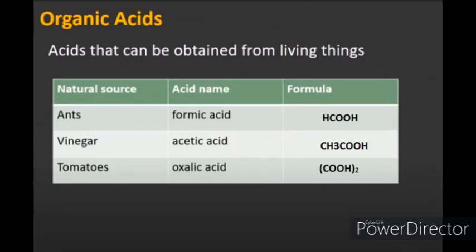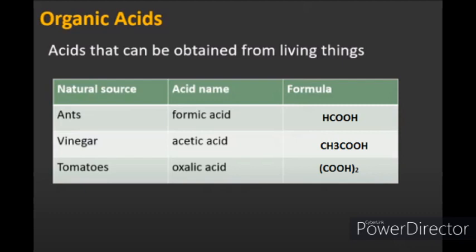Next we will discuss organic acids. As the name indicates, organic means from living things. So acids that can be obtained from living things are known as organic acids. Here we have certain examples. We have three natural sources from which these organic acids can be obtained: ants, vinegar, tomatoes, that we already discussed earlier.